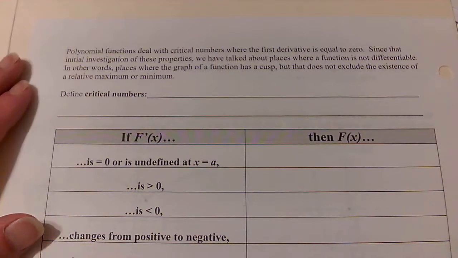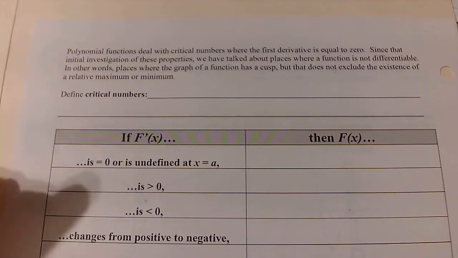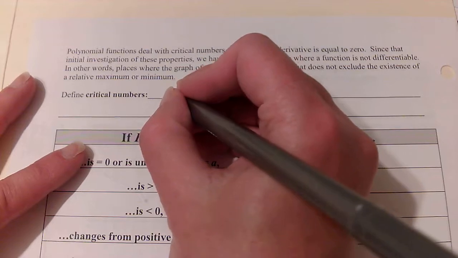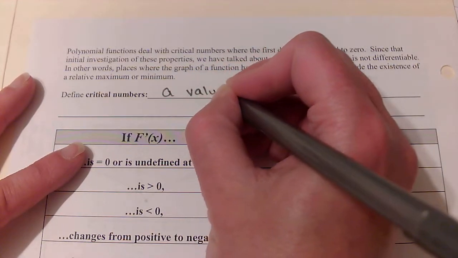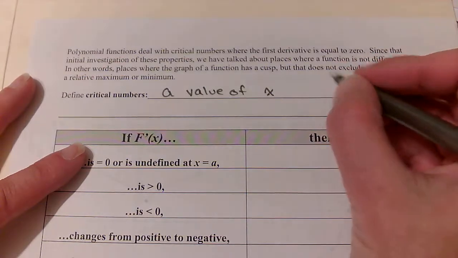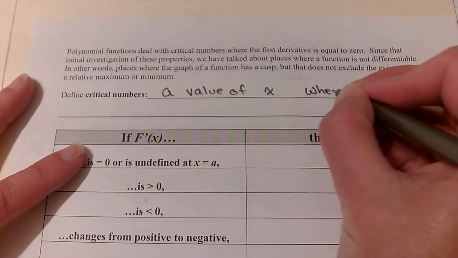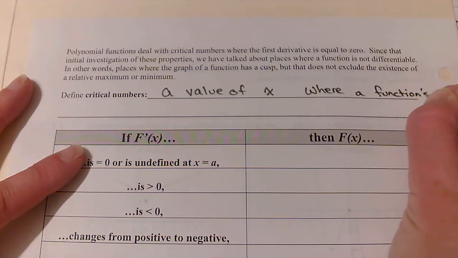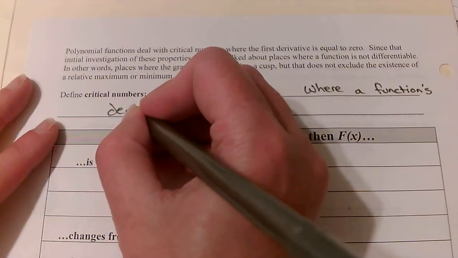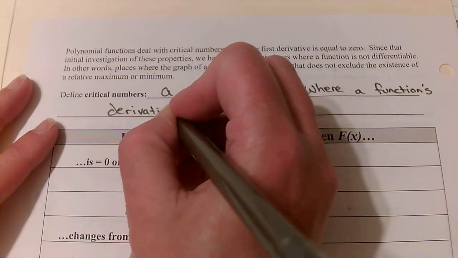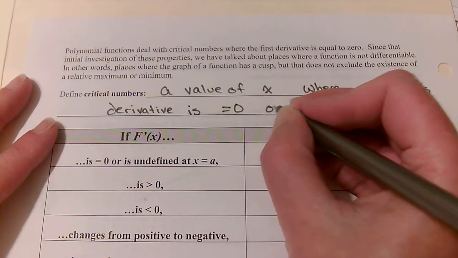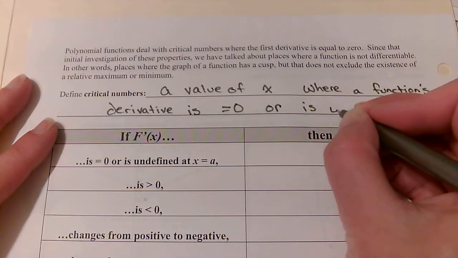So critical numbers are anywhere where we have this change. Critical numbers are a value of x where a function's derivative is equal to 0 or is undefined.